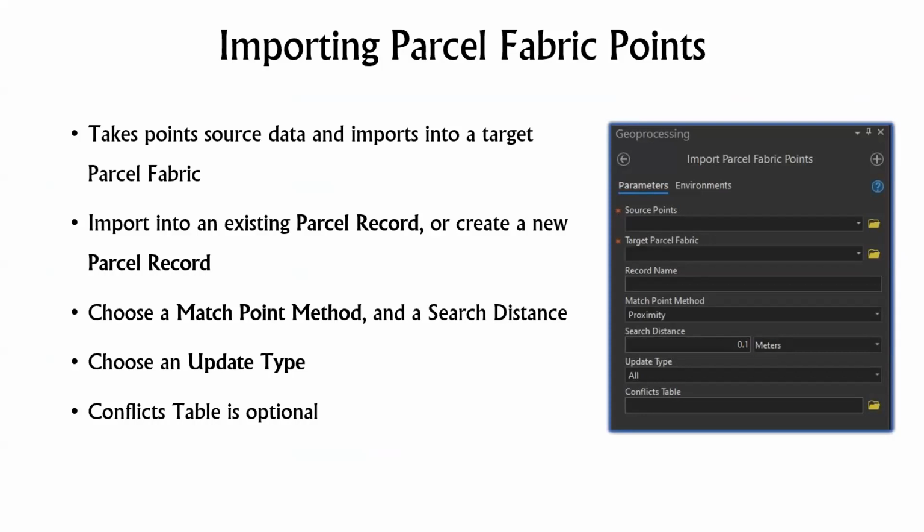You can direct the tool to import into an existing parcel record, or you can create a new parcel record. The next step here would be to choose a match point method and a search distance. And then after choosing an update type, you can optionally add a conflicts table to your database.